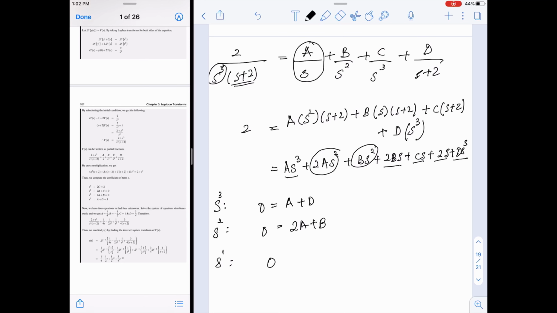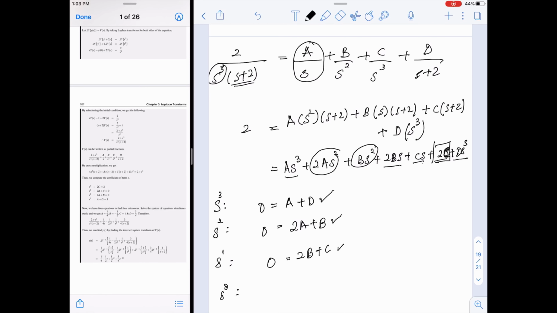Okay, which one is incorrect over here? We have A and D is correct for this one. For the square over here, it is correct. What about this one? We have only 2B plus C. 2B plus C, correct for this one. And then only left with this one, which is the single number.